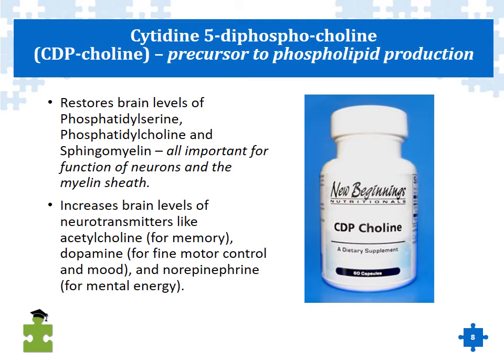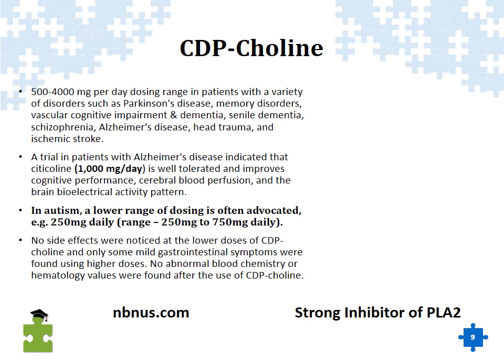The myelin sheath is this coating that occurs around nerve cells that allows for increased electrical impulses. It also helps to increase levels of certain neurotransmitters: norepinephrine for energy and memory, dopamine for fine motor control, and acetylcholine, which is for memory.